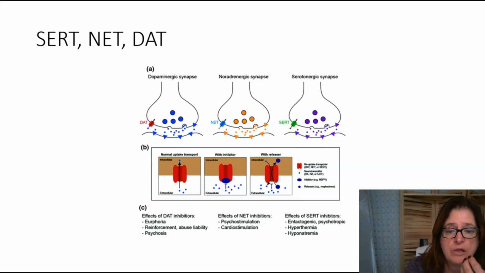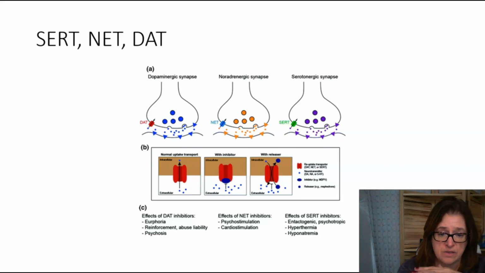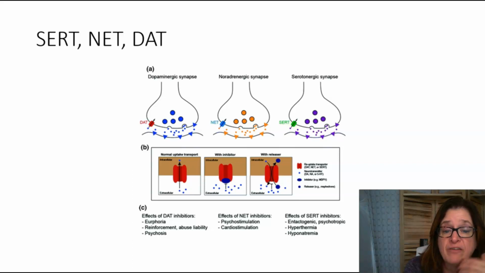They carry the molecules from the cleft into the cells. When we block them, we do the reverse. When we block SERT, NET, or DAT, we end up with whichever neurotransmitter it's responsible for becoming more numerous, the levels of that neurotransmitter increasing in the synaptic cleft. So it has the effect of blocking reuptake.